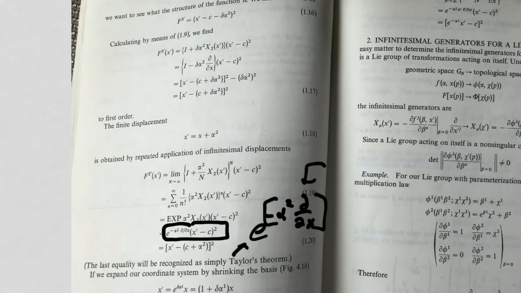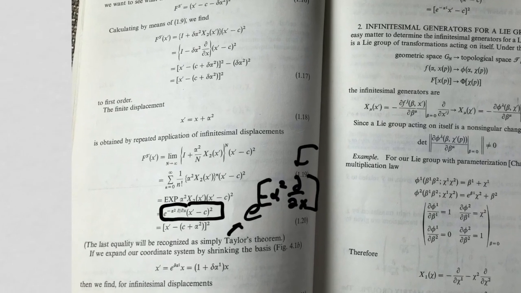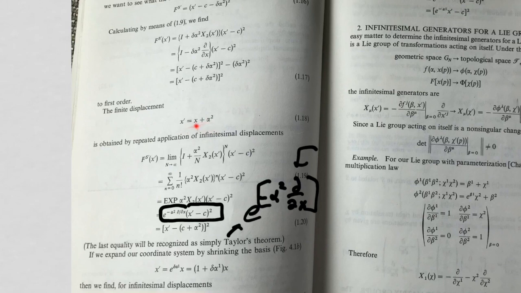Now, why is that important? Well, it's important because when we go back to our infinitesimal shift, right, we now can say, well, what about a finite shift, where it's no longer delta alpha 2, it's now just plain old alpha 2. Well, the way we create the delta-ness of this alpha 2 is we take alpha 2 and we divide by n and we raise to the nth power and we take the limit as n goes to infinity.